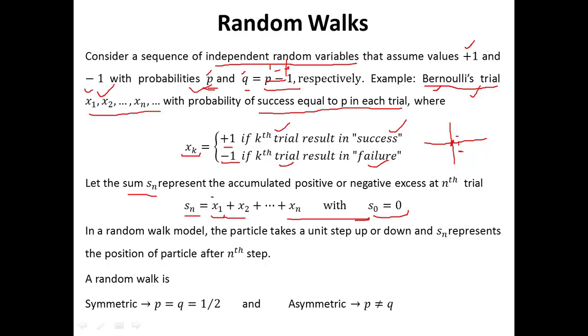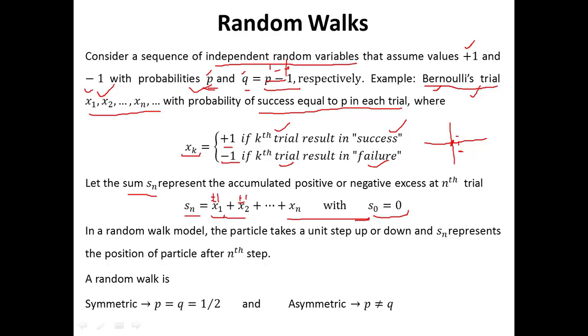So x1 will be equals to either +1 or -1 depending on what is the outcome of the trial, failure or success. Similarly, x2 will also represent the value +1 or -1 depending the second trial is a success or a failure.